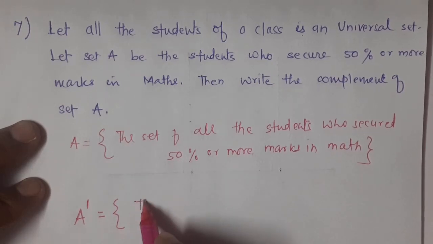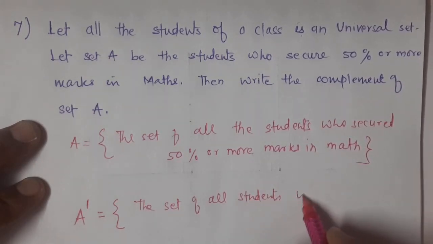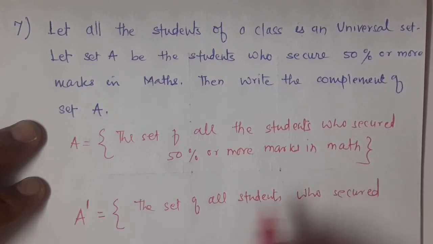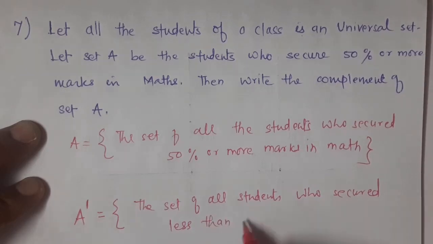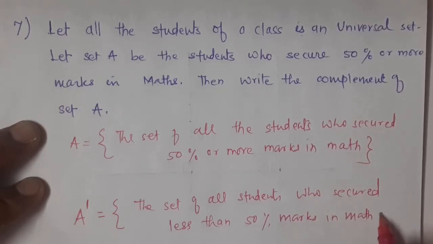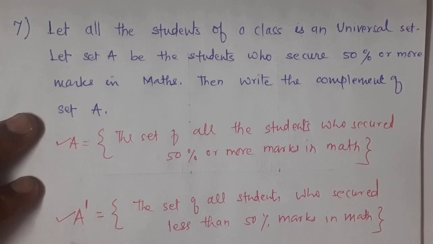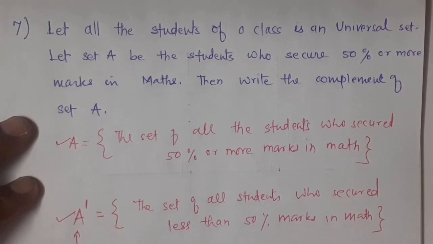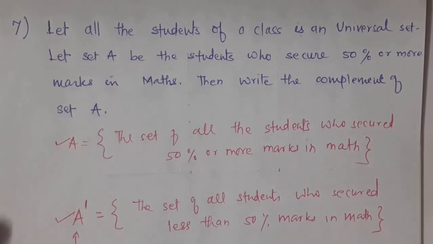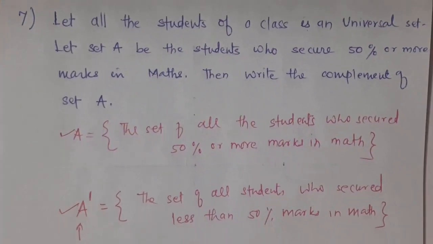So the set of all students who secured less than 50% marks in math will be the complement of A. This is the set A, and this is its complement, called A dash, the complement of A. Like that you have to solve different examples.